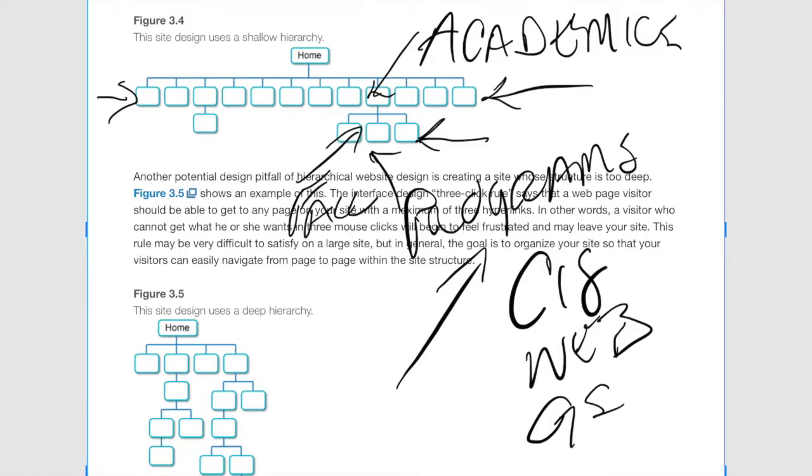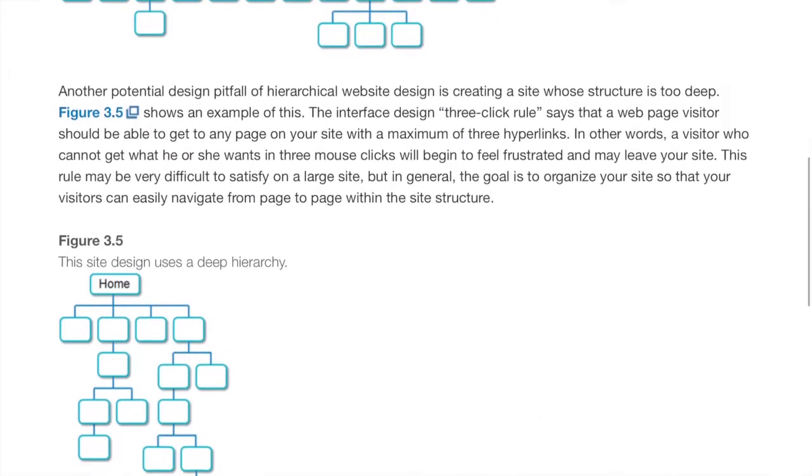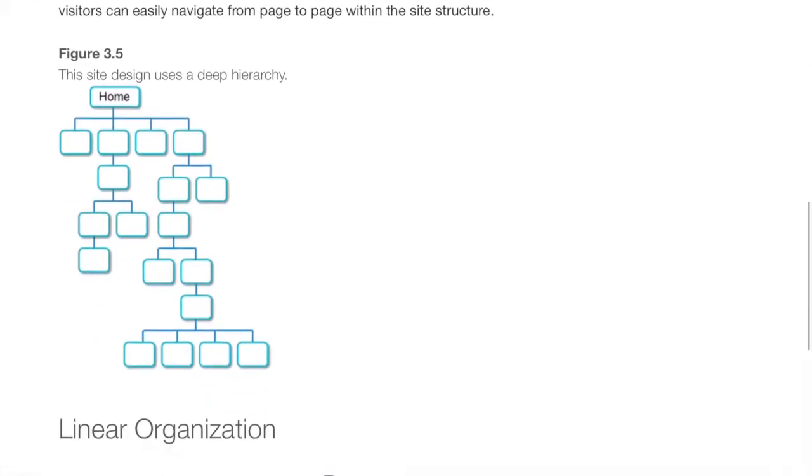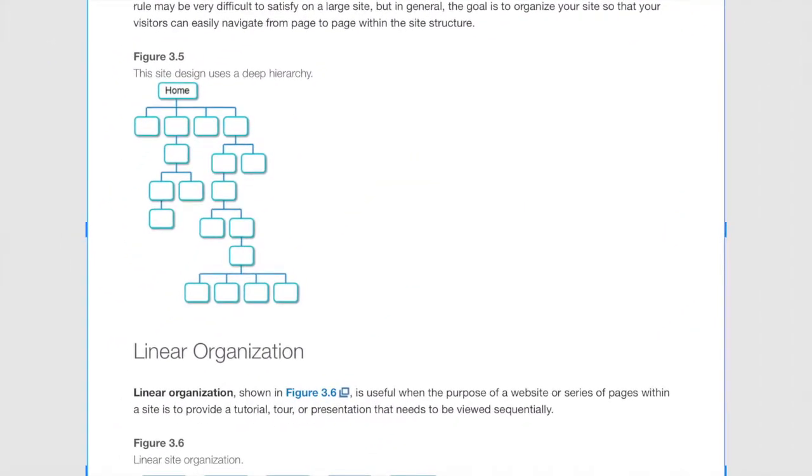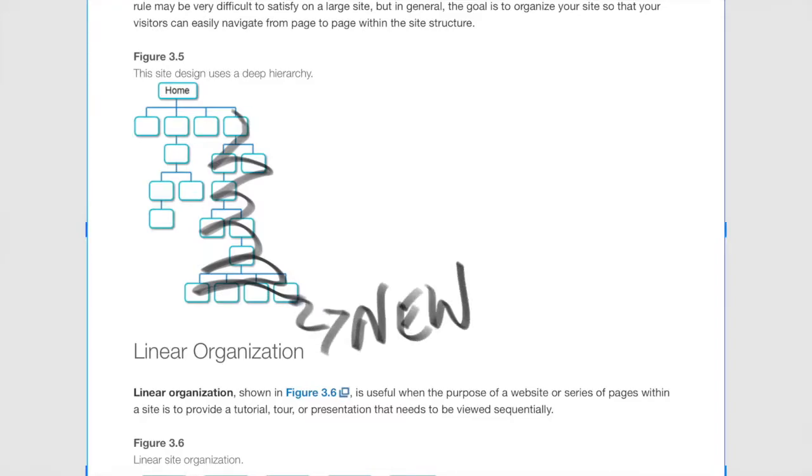So what do I mean by pages becoming orphaned? Over the course of a web property, you are very, very probably going to have numerous steps down into your hierarchy. Just like we see here on 3.5, this page right here is cascading down, till finally you're going to come to a new page.